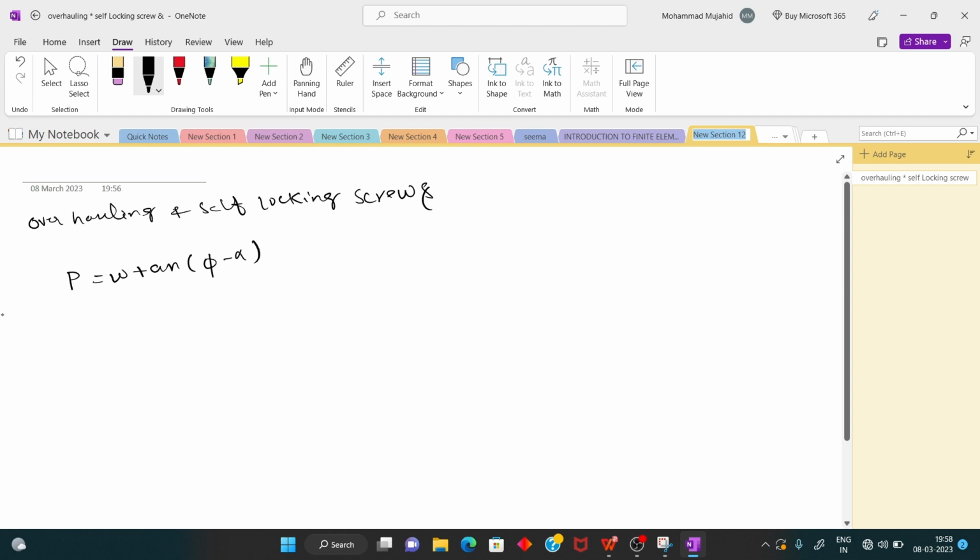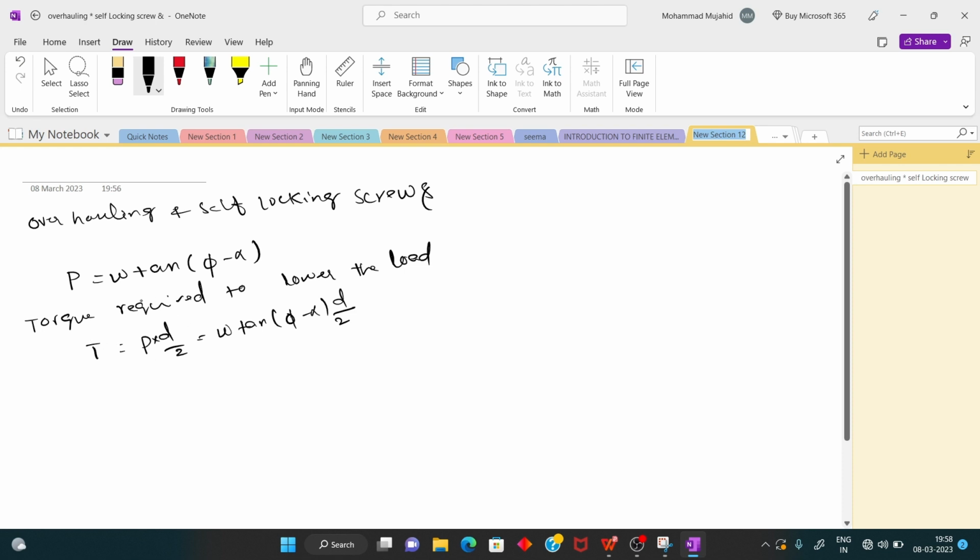So this is the load, and the torque required to lower the load will be given as T equal to P into D by 2, as we had discussed in an earlier video. That is, W tan of (phi minus alpha) into D by 2.